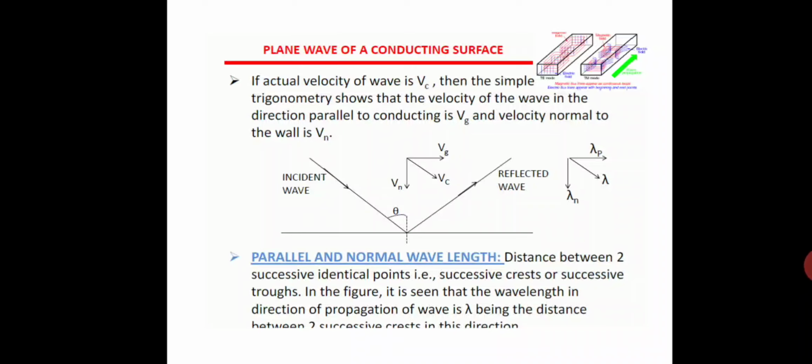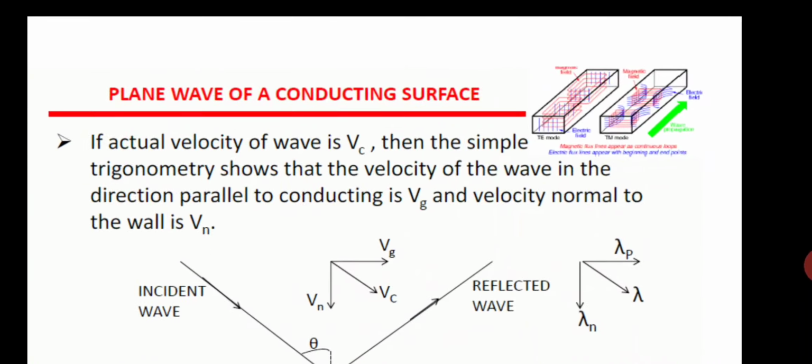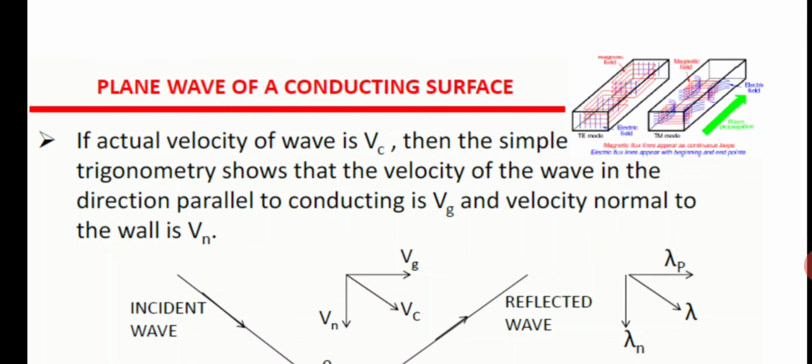TM and TE modes operate in a rectangular waveguide. TEM mode does not operate in a rectangular waveguide. In TE mode, the magnetic field and electric field are both present and perpendicular to each other.